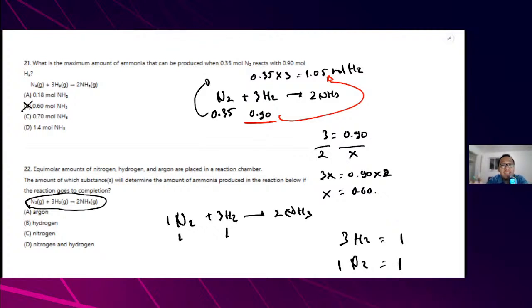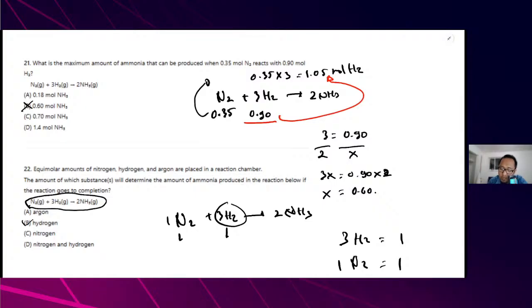Which one will completely run out first, the three people or the one person? So we can determine which one runs out first. It should be hydrogen. So the answer should be hydrogen. The question is the amount.